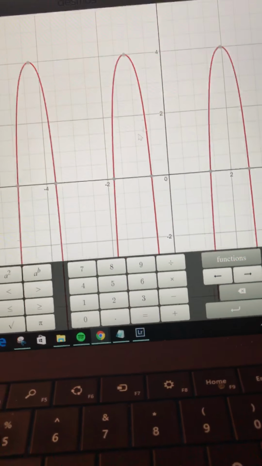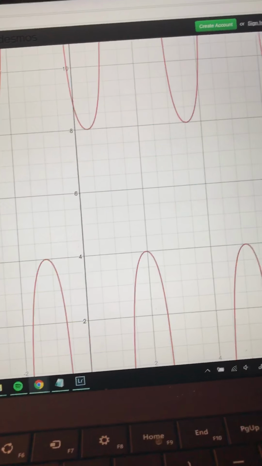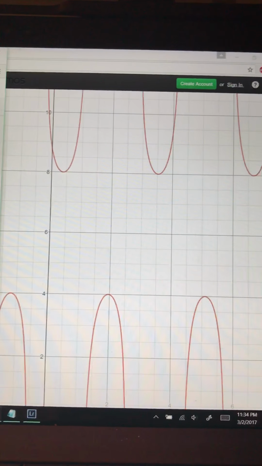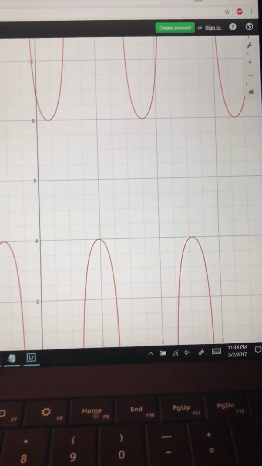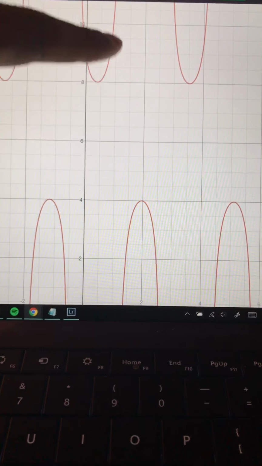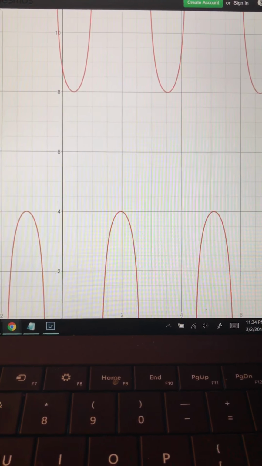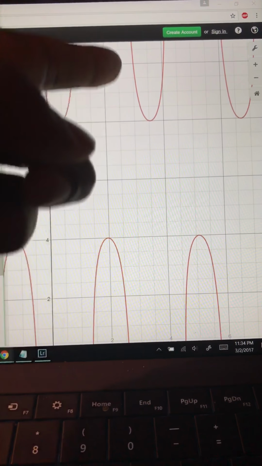So this is what the graph looks like now. And we know the asymptotes are at 3 pi over 8 plus pi k. The first one would be somewhere over here, 3 pi over 8, plus pi k, because at every pi there's another asymptote.